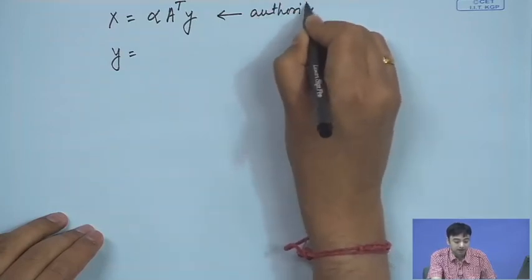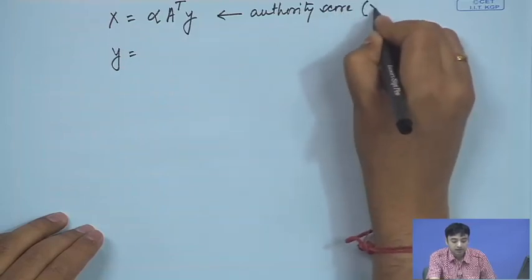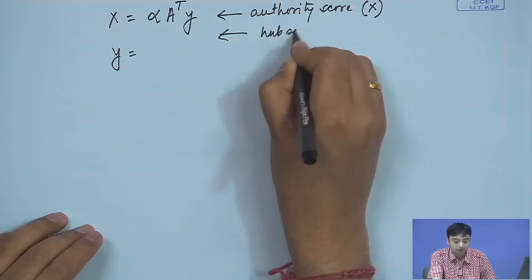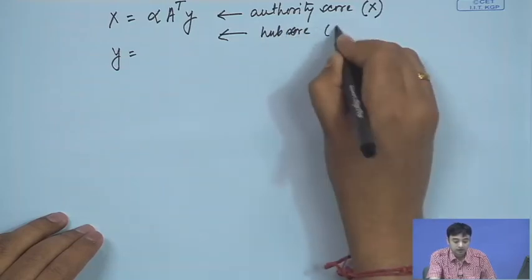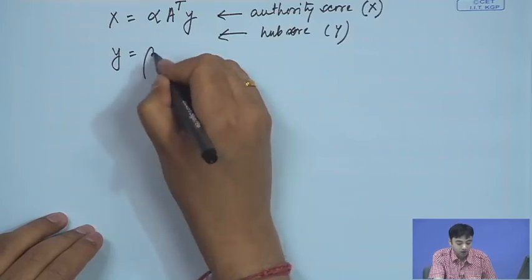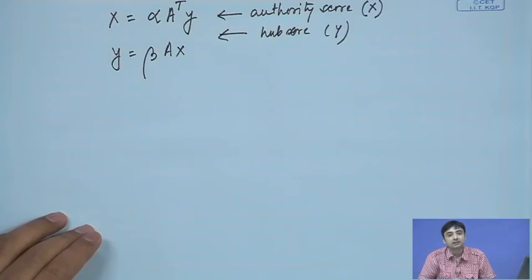So, basically authority score is given by x and hub score is given by y, and similarly you can write y is equal to A x, just as we were doing in the previous examples for PageRank and general eigenvector centrality.